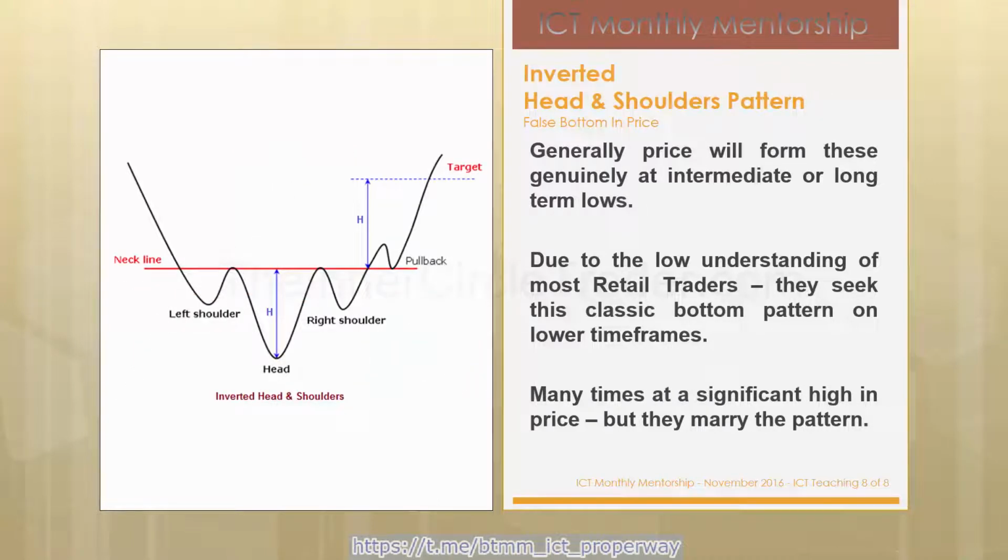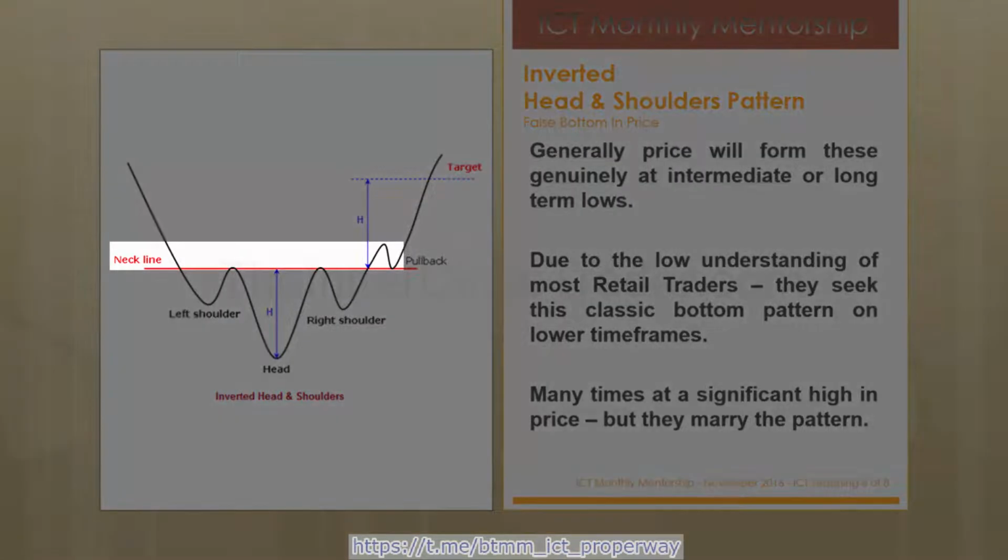The inverted head and shoulders, I would do the opposite. If I'm looking for price action to be bearish, as a higher time frame would indicate, and I see a low with a lower low and a higher low, which would be deemed an inverted head and shoulders, I don't see that as a bullish breakout above the neckline. I'm actually looking at that as a run on buy stops.